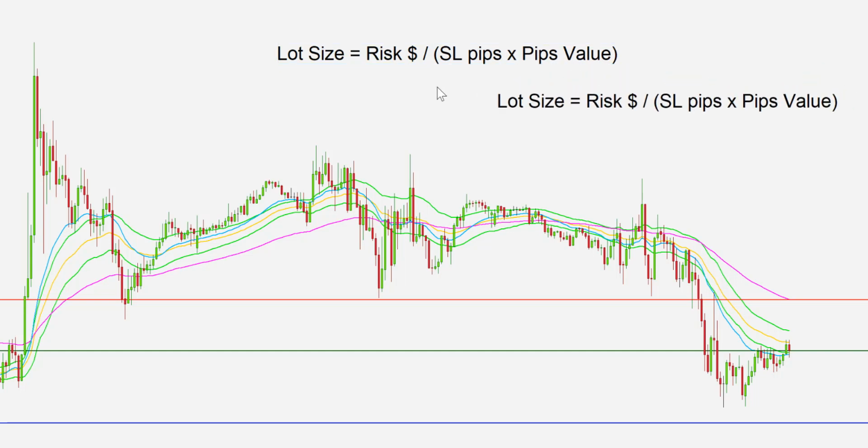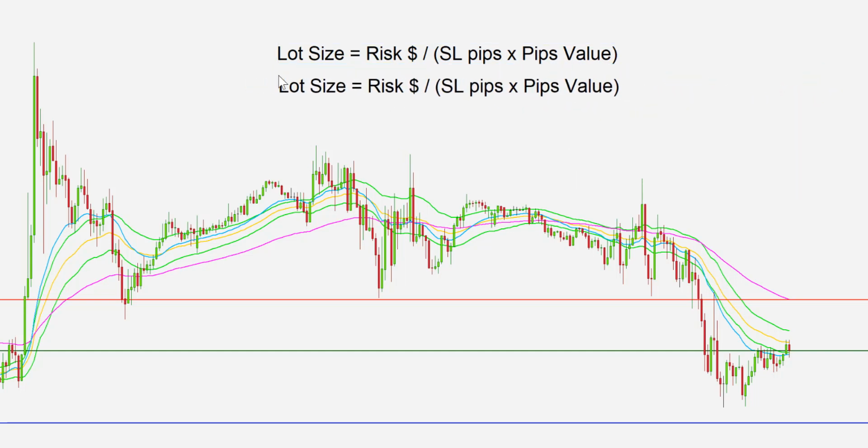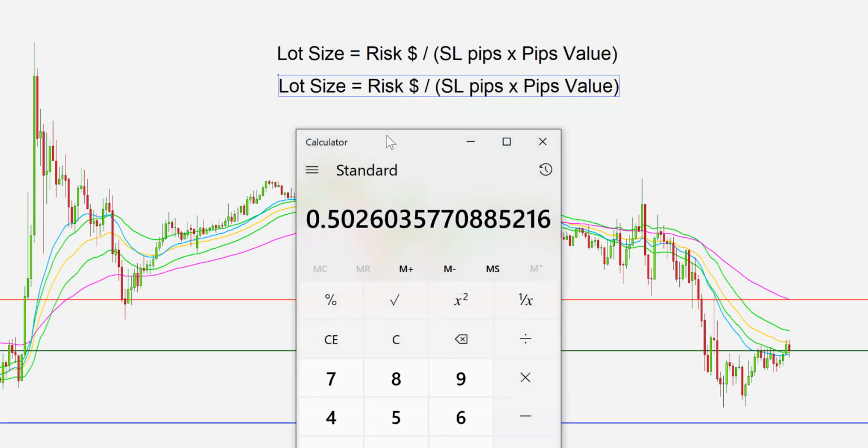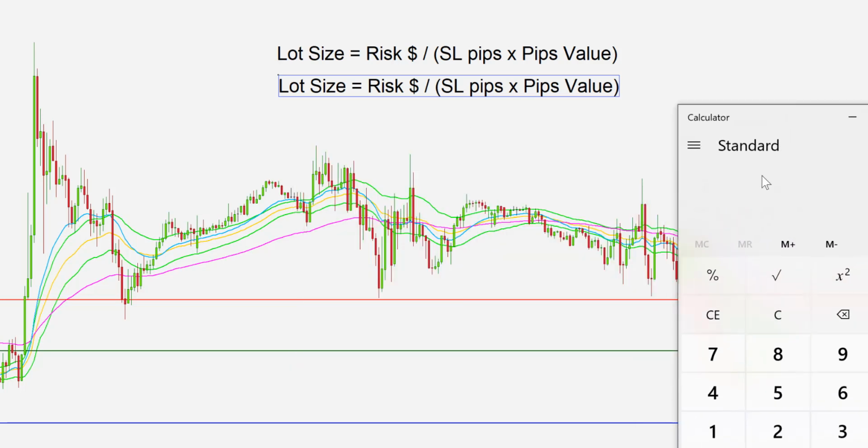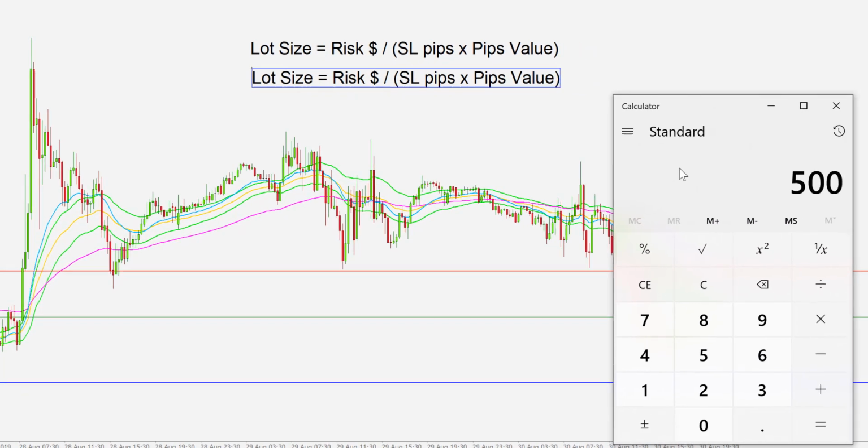So in this case then, let's assume that this account size is $500. So if I want to risk only 1% of my account on that trade, and the account size is 500, it will be 500 times 1 divided by 100.